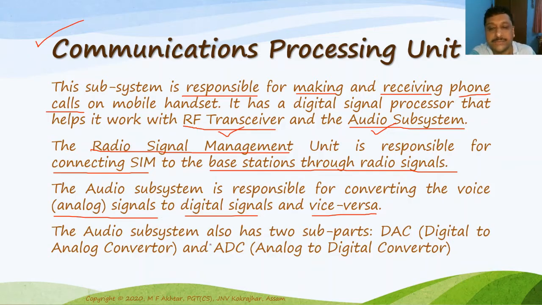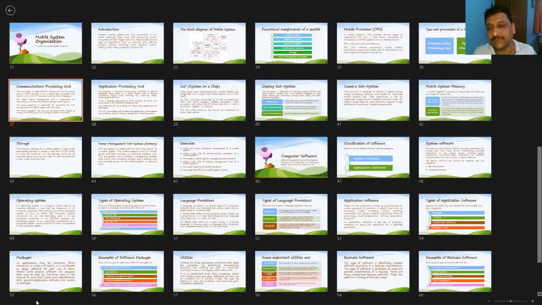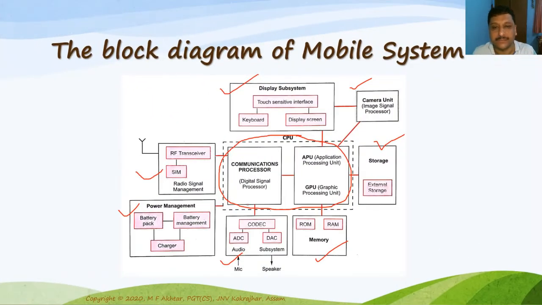The audio subsystem also has two subparts. What are those? The DAC, digital to analog converter, and the ADC, analog to digital converter. These two are available in the audio subsystem.